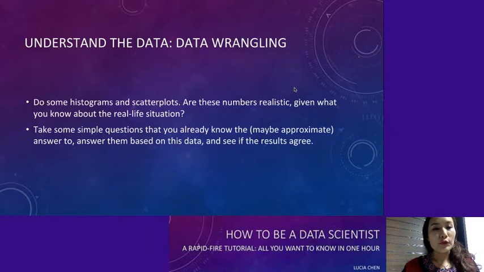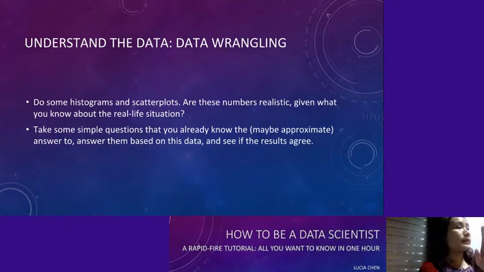After you extract the data, you need to do some data exploration. How to explore your data? You do some histograms and scatter plots and see if there are any outliers. Are these numbers realistic, given what you know about the real life situation? For example, I gave you an example that the correlation between weather and the consumption of ice cream should be positive.